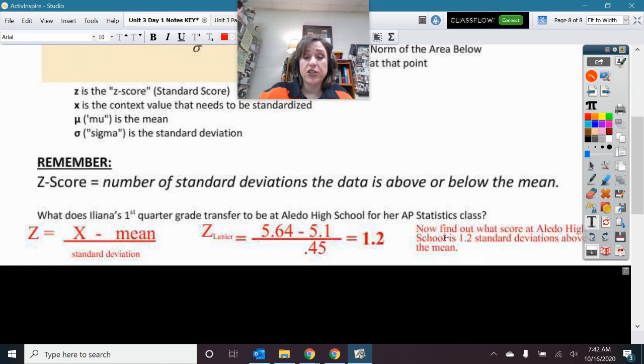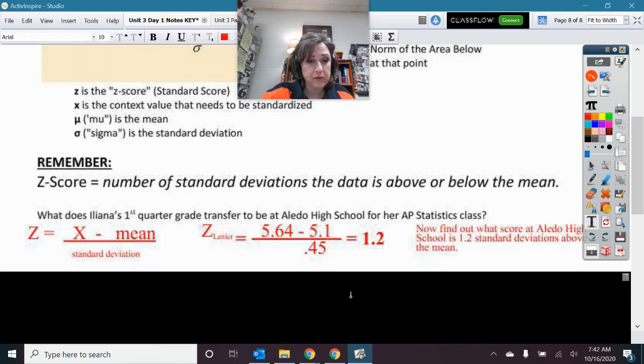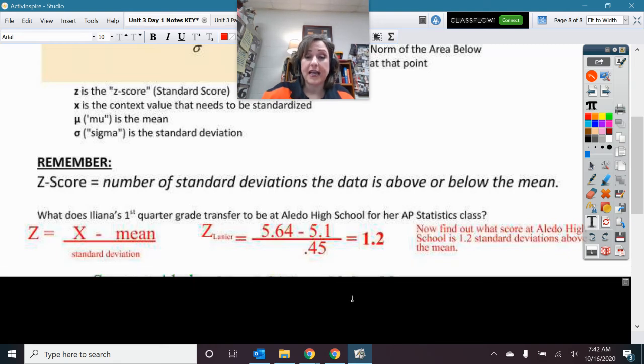So we want her to score that 1.2 standard deviations above the mean at Aledo High School. So how do we do that? Well, I see that at Aledo High School, our mean is 86, plus 1.2 of our standard deviations.